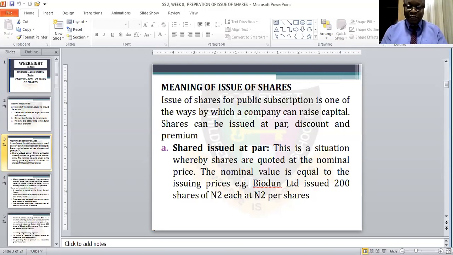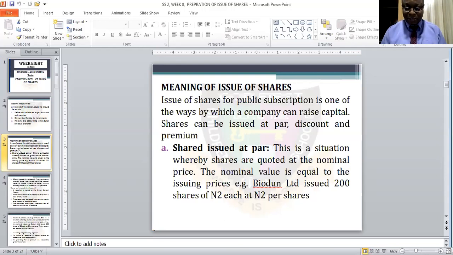Let us look at shares issued at par. This is a situation whereby shares are quoted at the normal price. The normal value is equal to the issuing price. For example, Building Limited issues 200 shares at 2 naira each.